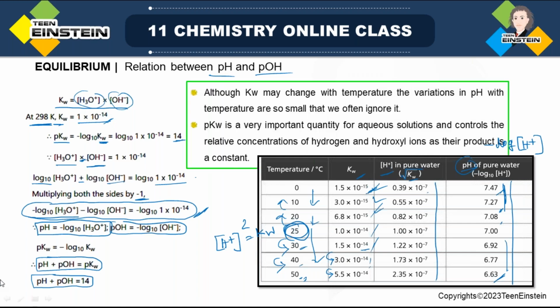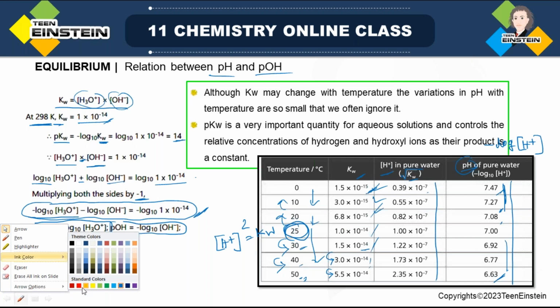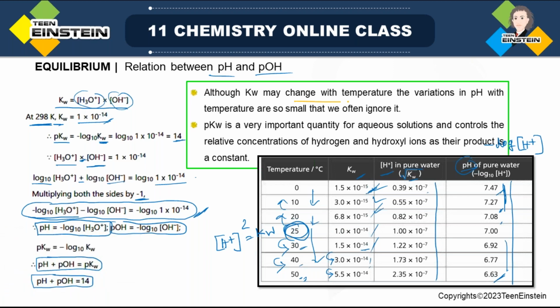So although Kw may change with temperature, and there is variation in pH also, this is very small, so sometimes we ignore it. pKw is a very important quantity for aqueous solutions, and it controls the relative concentration of H plus and hydroxide ion, because their product, H plus multiplied by HO minus, is always constant as long as you are maintaining the temperature.